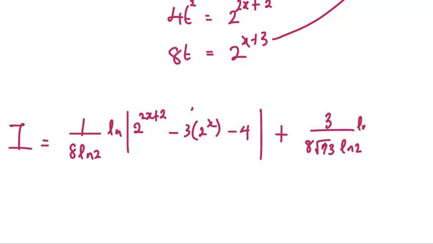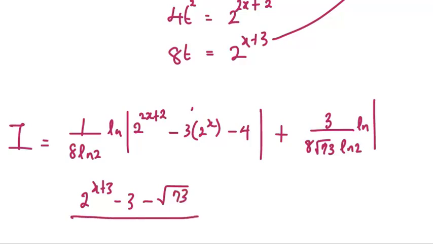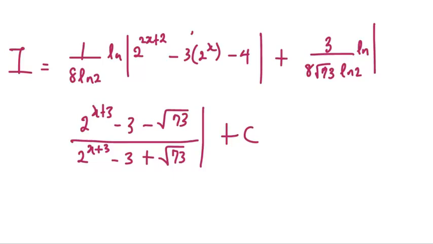So here times the ln of 2 raised to the power of x plus 3 minus 3 minus square root of 73, divided by 2 raised to the power of x plus 3 minus 3 plus square root of 73. And then we have our plus c. So this right over here is our solution.